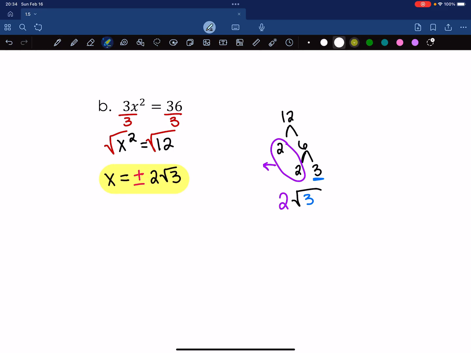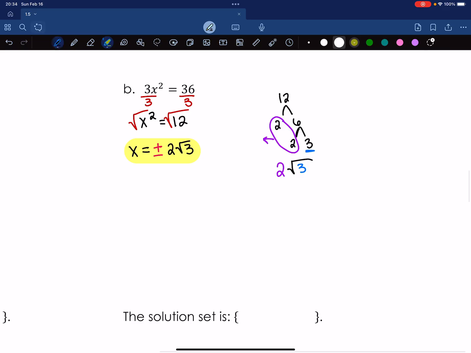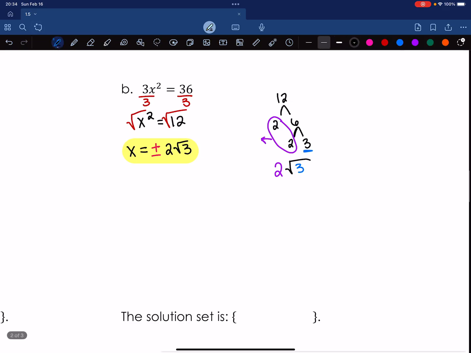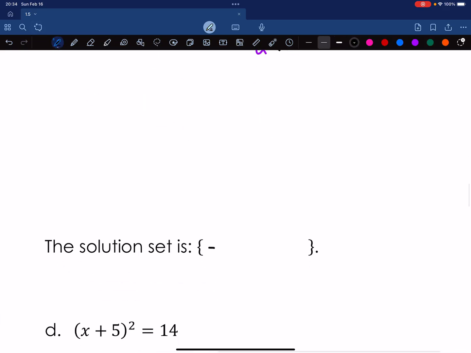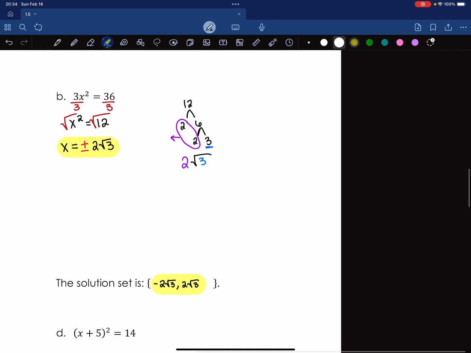Okay, and so sometimes it doesn't simplify, sometimes it simplifies, and we can go through a few more examples if we need to, but again, let's write this out. -2 rad 3 and +2 rad 3. Rad 3 is the same thing as the square root of 3. The symbol is a radical, and I just abbreviate it to rad.